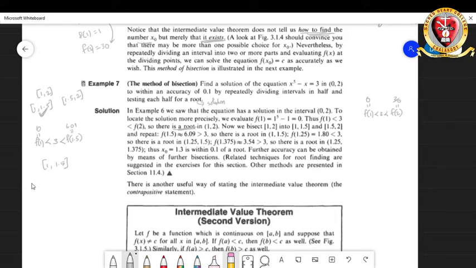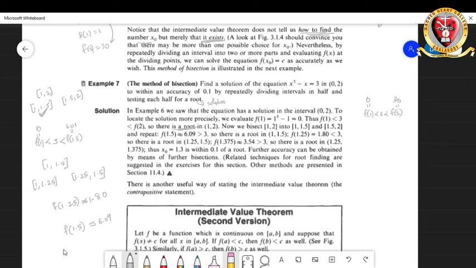Now we are going to split this interval into 2. That will be 1, comma 1.25 and then 1.25, comma 1.5. For that, first you find f of 1.25. You get that using your calculator to be approximately 1.80, and you know that f of 1.5 you already calculated, that is approximately equal to 6.09.